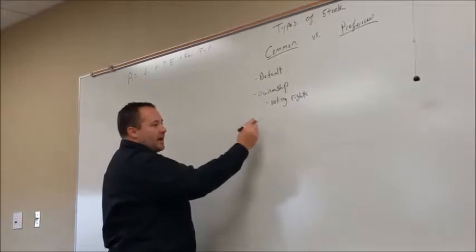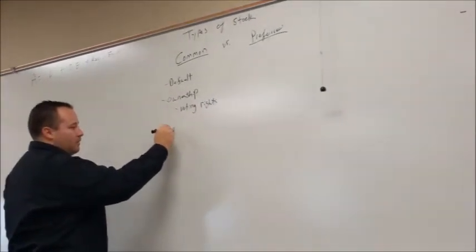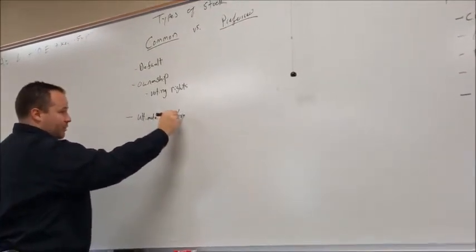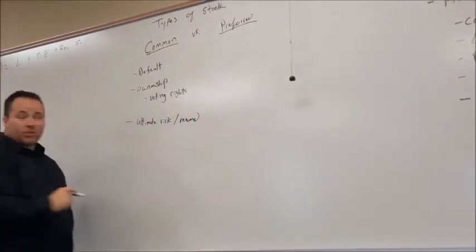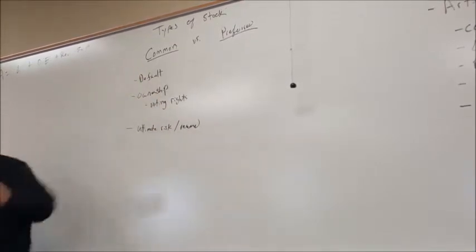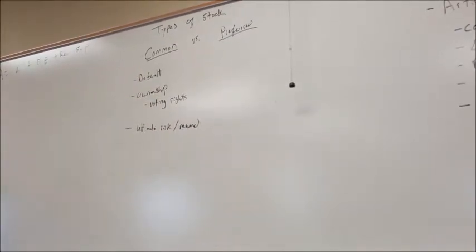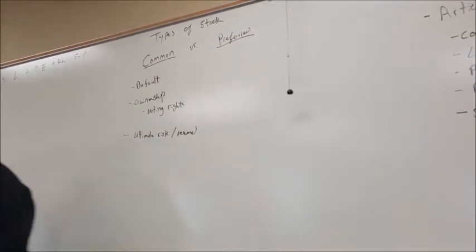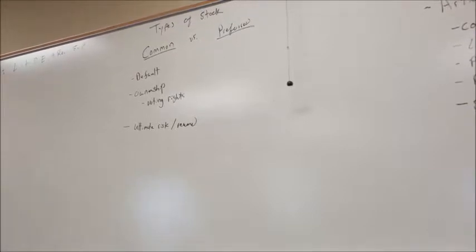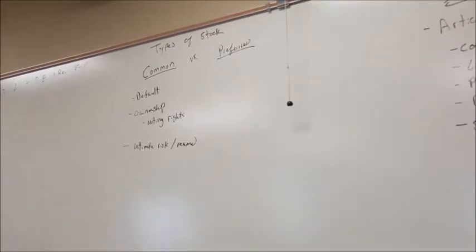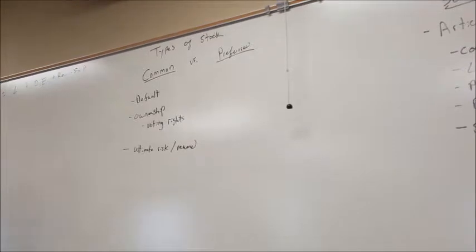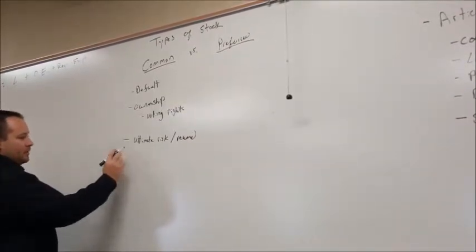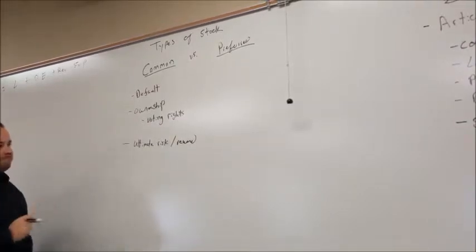These guys also have the ultimate risk and reward. If the company does really well, the common stockholders will come out ahead. If the company does bad, the preferred stockholders generally come out ahead. And you'll see how that plays out here in a little bit.